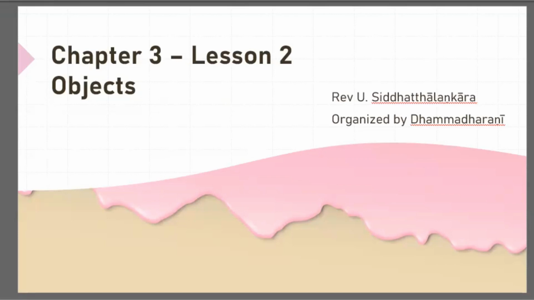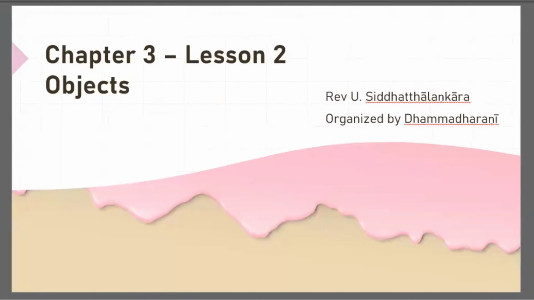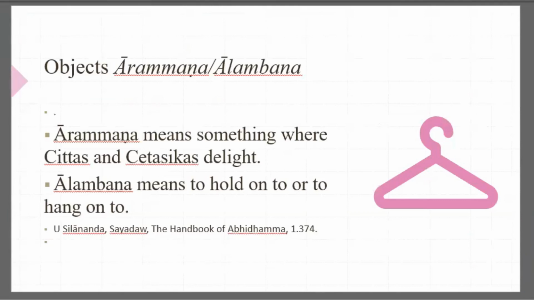Objects in Pali we call Ārammaṇa. So there are 2 terminologies used for objects in our canonical texts and commentaries. What are they? Ārammaṇa and Ālambana. What is the meaning of Ārammaṇa? In Pali, we have the prefix A and Ramu.